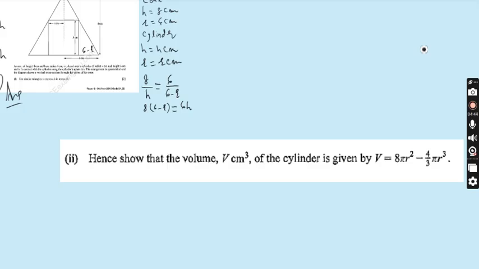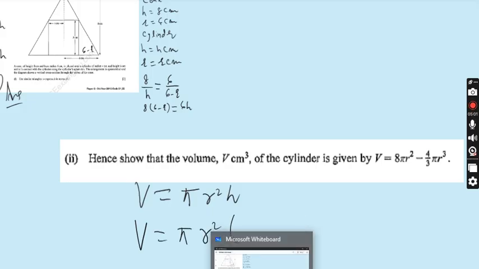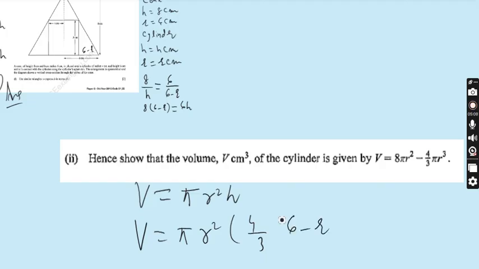What is the volume of the cylinder? V is equal to pi r square h. So V is equal to pi r square, and what we have found, h is 4 upon 3 into 6 minus r.